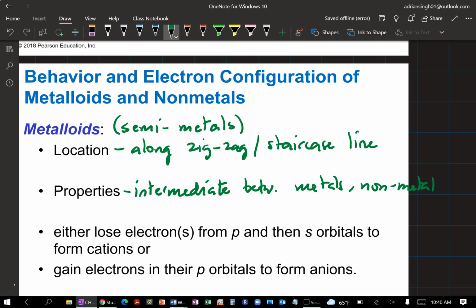Just like their location, right? Their location is indicative of their properties. So for example, silicon, which is a metalloid, instead of being a good conductor like metals or a non-conductor like non-metals, tends to be a semiconductor, sort of in between.